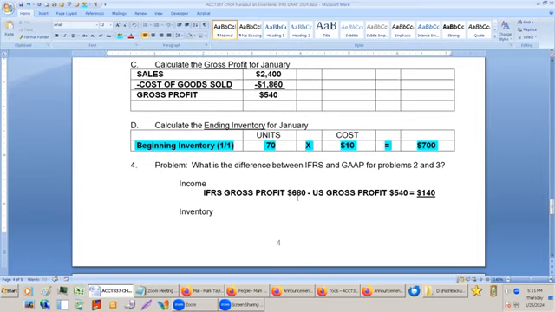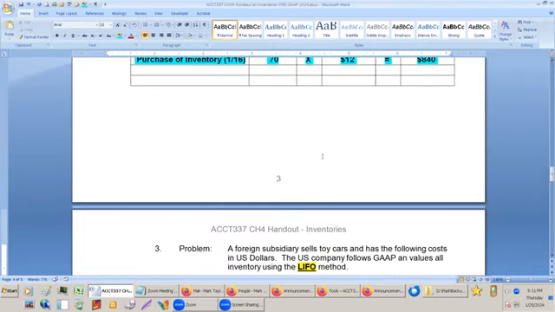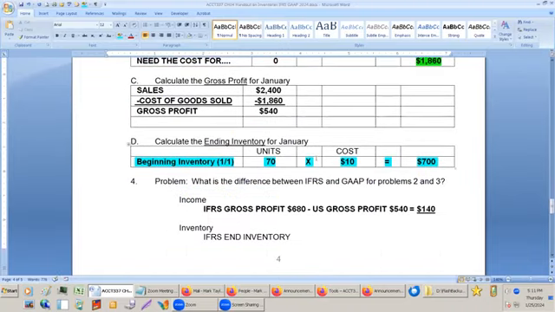And our IFRS ending inventory was 840. So that means inventory was 700. And so we will be off by the same 140.